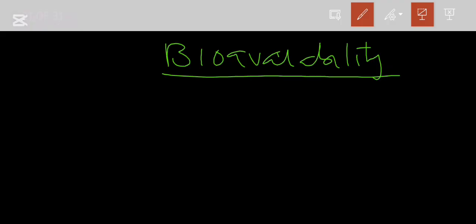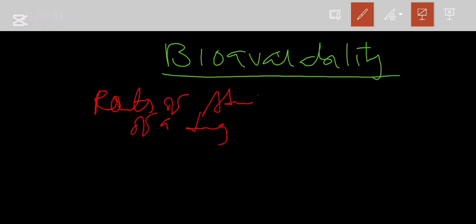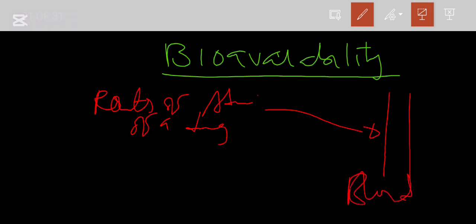By bioavailability, we are basically trying to compare the routes of administration of a drug. Then we want to look at what is present in the bloodstream. So in other words, please bear with my handwriting, I'm saying route of drug administration compared to what is present in the bloodstream.